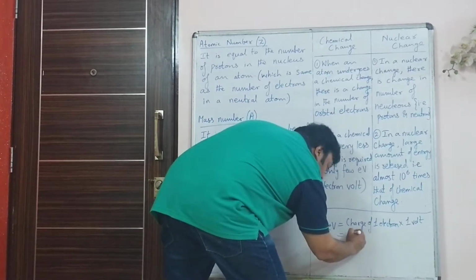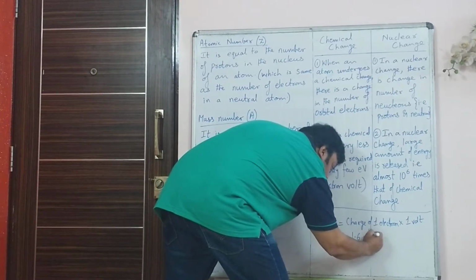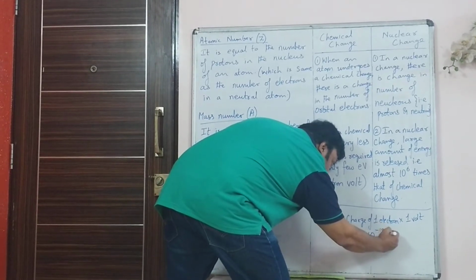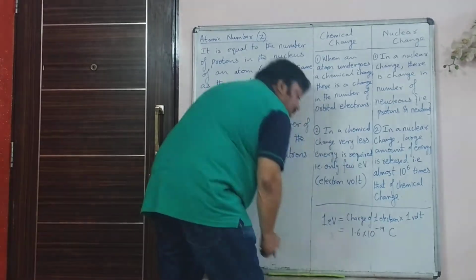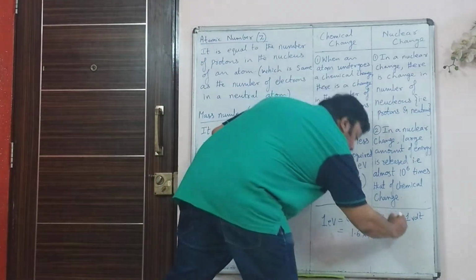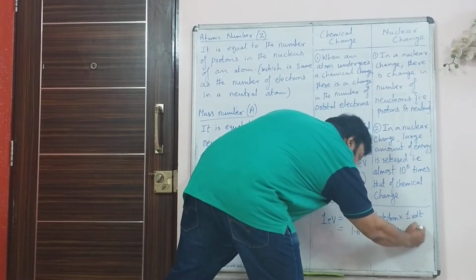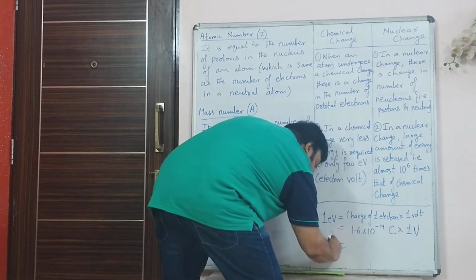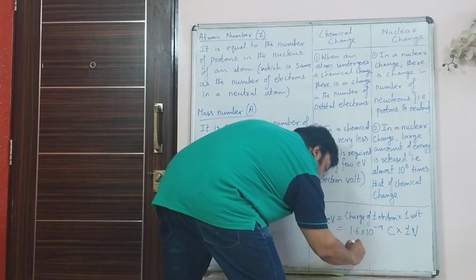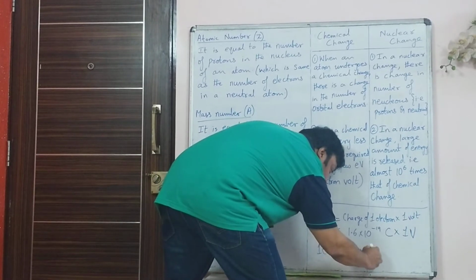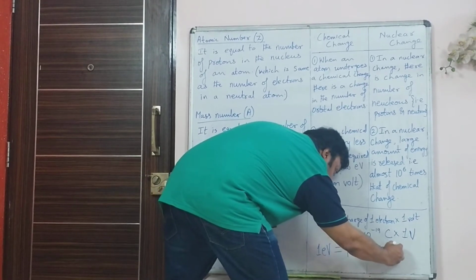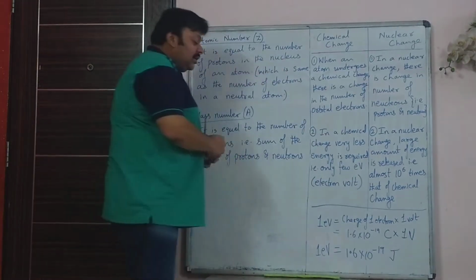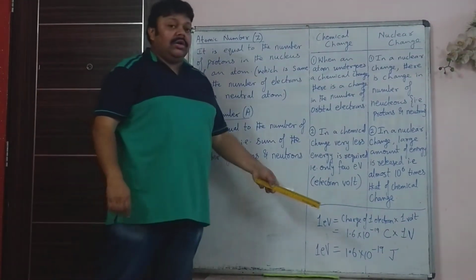So this is 1.6 into 10 raised to minus 19 coulomb. That is the charge into 1 volt. So 1 eV is 1.6 into 10 raised to minus 19 joule. That is the relation between electron volt and joule.